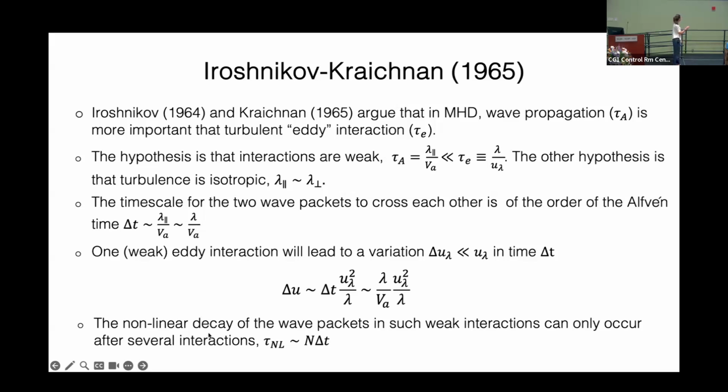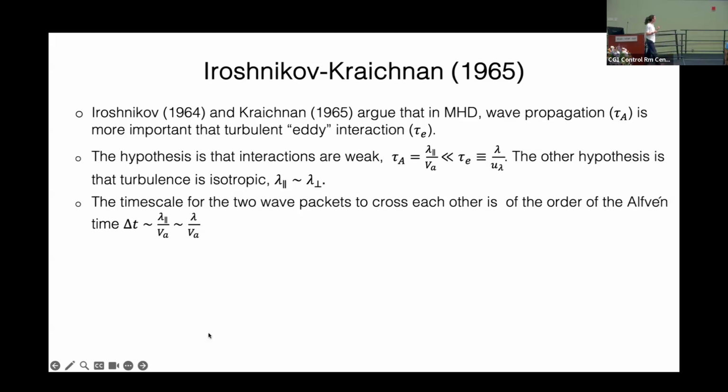That's this term here, and then we plug in our estimated delta t. The weakness enters here in the fact that delta u over u is much smaller than 1, and so to have a sufficiently strong perturbation delta u, you need many of these single collisions.